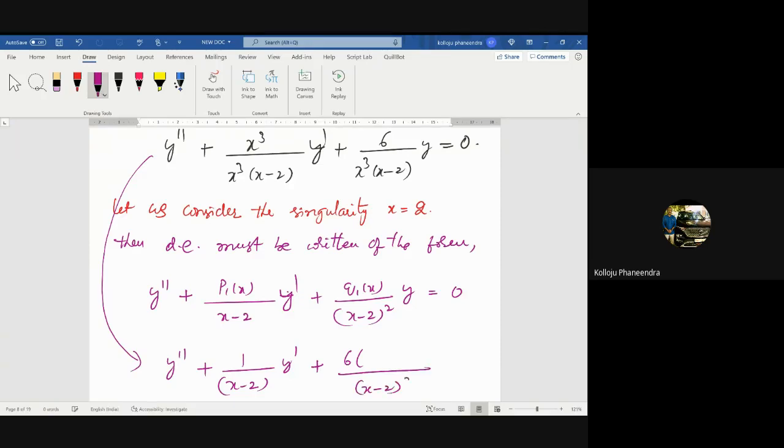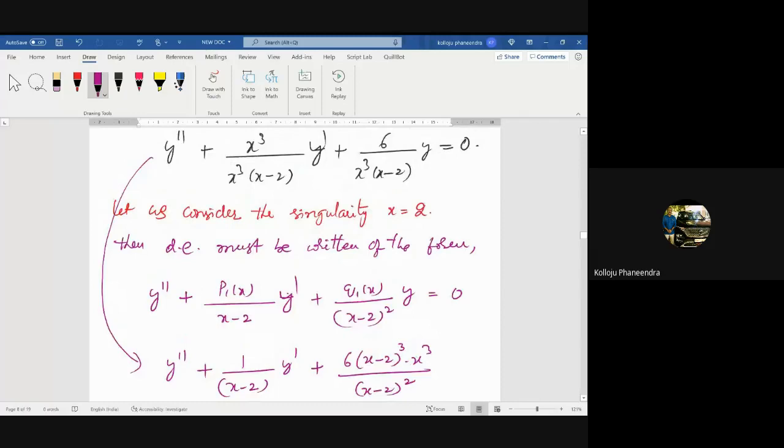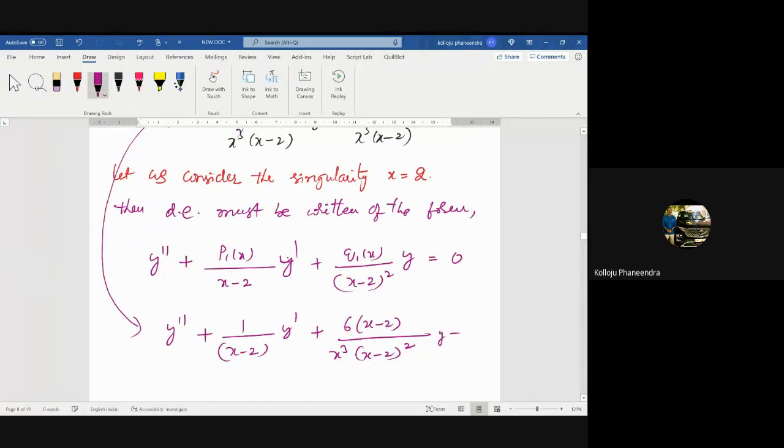I have to get (x minus 2) whole square, therefore there must be one (x minus 2) here, and only x cube here, into y equal to 0.